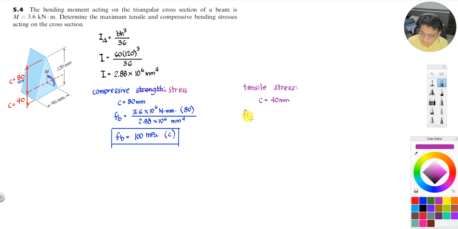So, we can have FB equals 3.6 times 10 to the 6 para magiging newton millimeter, and then multiplied by 40 all over 2.88 times 10 to the 6. So you can now have here 50 MPa.